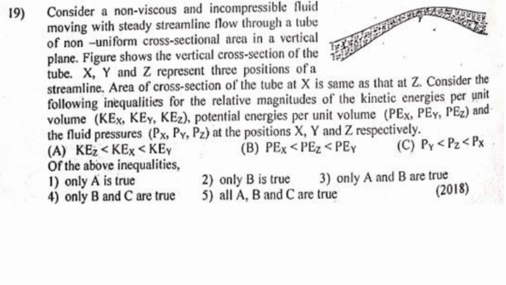In a vertical plane, the figure shows the vertical cross-section of the tube XYZ, representing 3 points of a streamline. The area of cross-section of the tube at X is the same as Z. Consider the following inequalities for the relative magnitudes of kinetic energy per unit volume, potential energy per unit volume, and fluid pressure at the Px, Py, Pz positions.